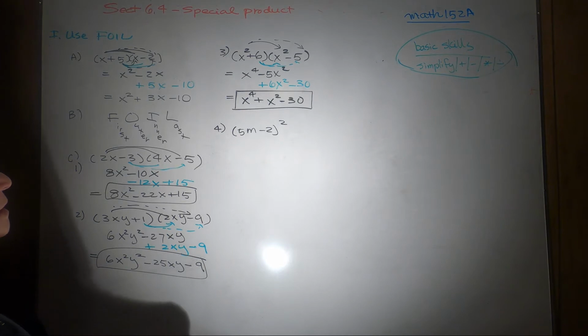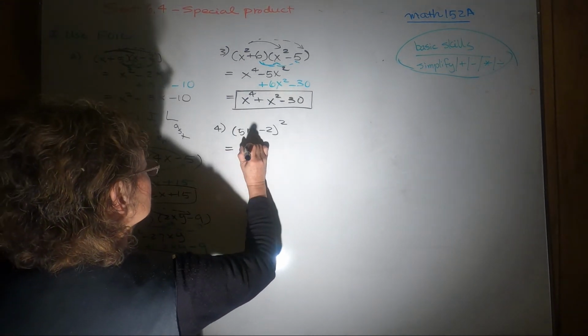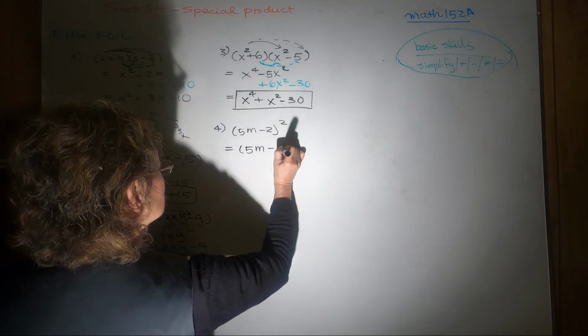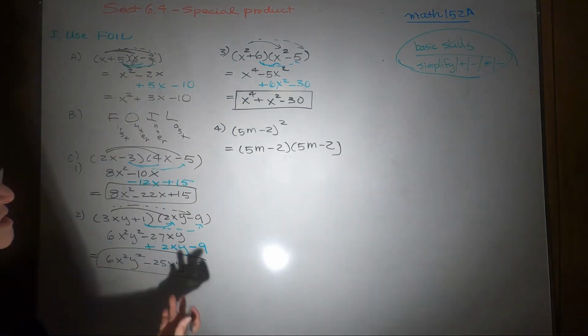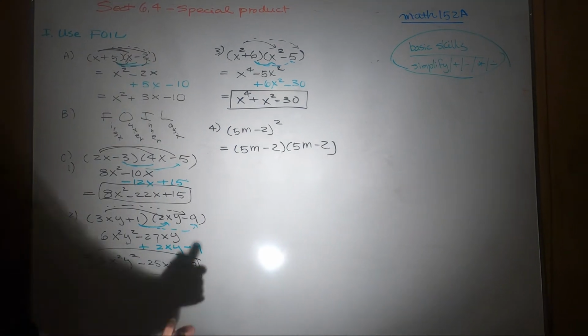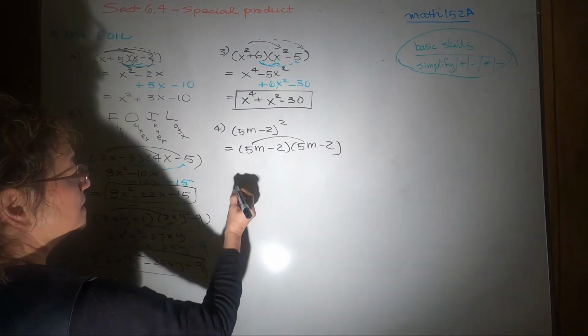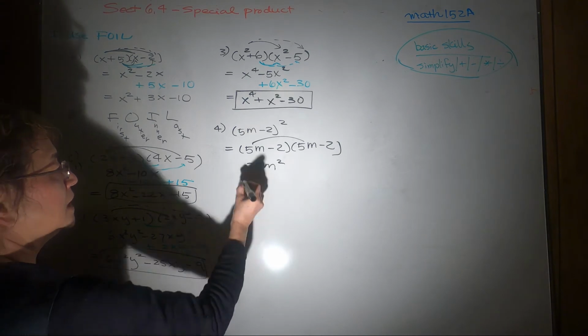That way, you can do better, right? So that would be 5m minus 2 times 5m minus 2, instead of just listening. Okay, you do need to do it yourself. So 5m and 5m is what? 25m squared, right?